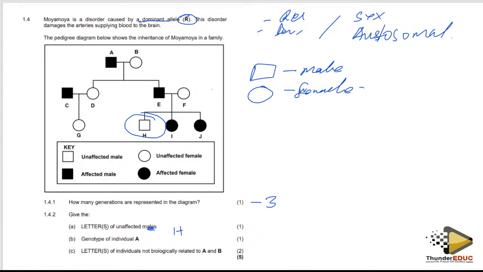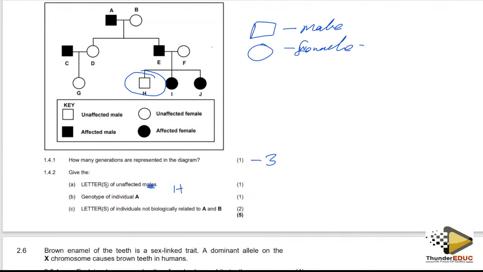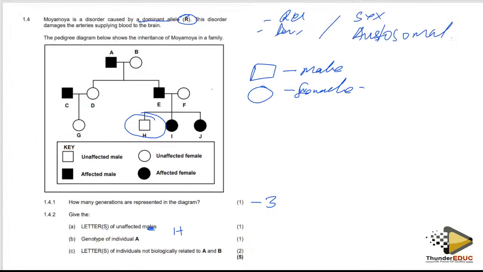Then they are saying the genotype of individual A. Where is individual A? This is someone who is affected, and they have not said that this is sex linked.